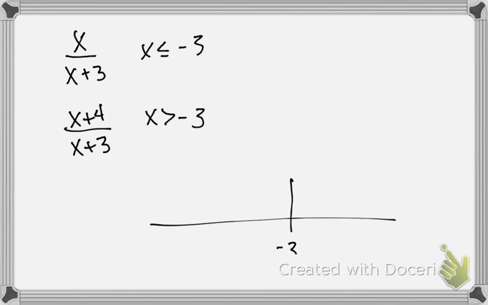My dividing line is negative 3. This is x over x plus 3 because it's on the less than side. This is x plus 4 over x plus 3 because it's on the right-hand side. And we're looking for the limit as x approaches negative 3.